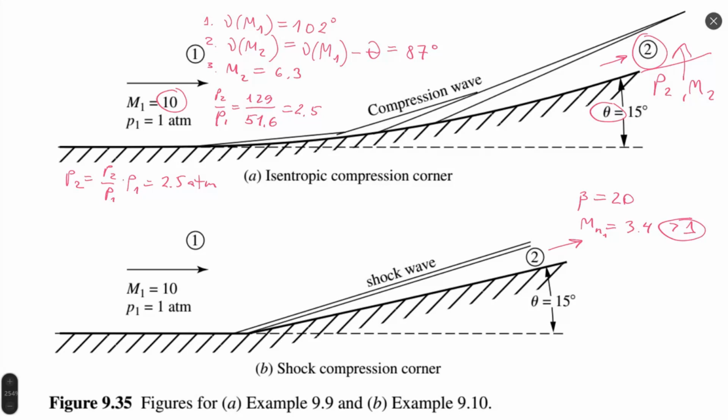Pressure ratio. Oh, something is strange. 3.4. For me, it appears 13. Pressure ratio, pressure 2 by pressure 1 is 13.3.